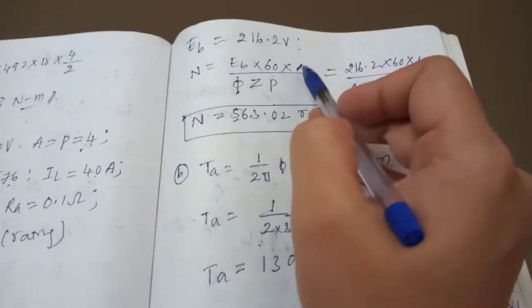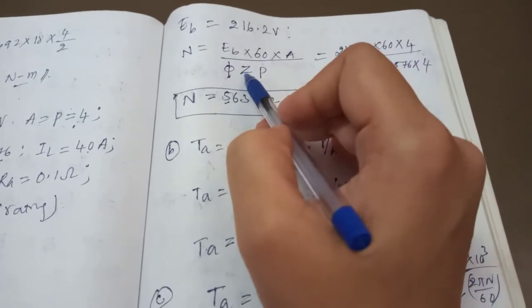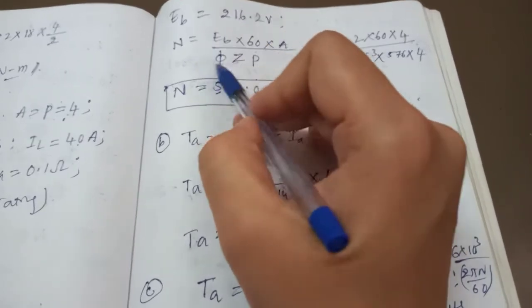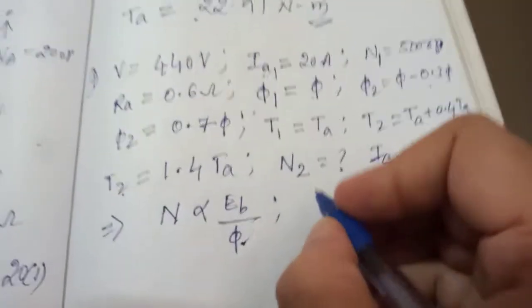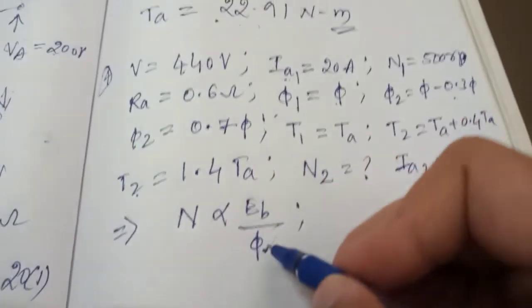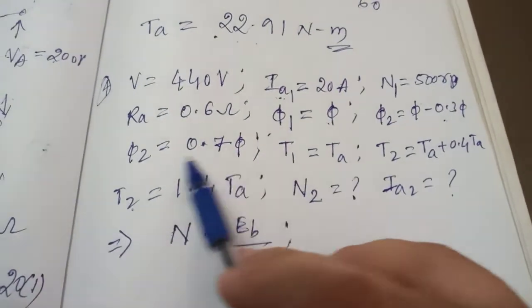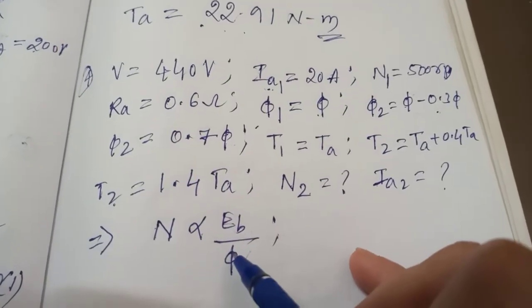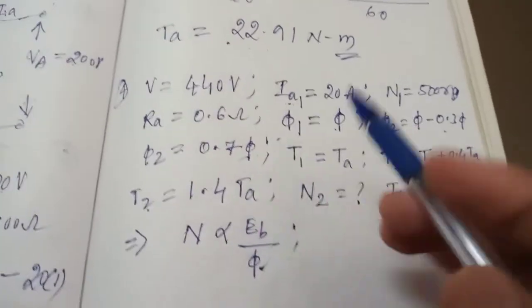Here 60 is constant, A, the number of parallel paths, is constant, the number of poles is constant, and the number of conductors is constant. Only the variable is EB divided by phi, so N is directly proportional to EB by phi. In a shunt motor flux is constant, but now I am manually controlling the flux by using an external rheostat, so phi is to be taken into consideration because I am varying the flux manually.